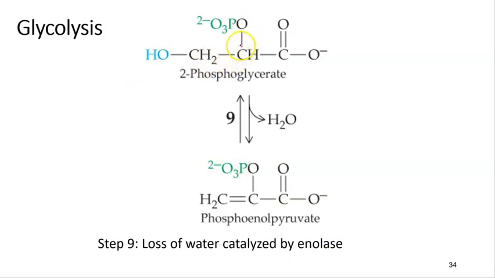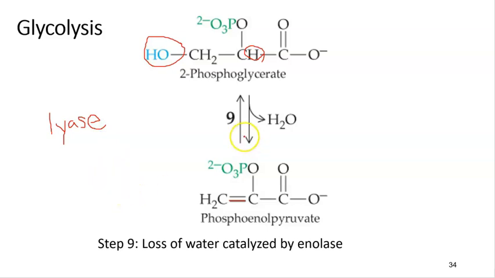And then you'll notice the next thing that's happening, we're going to eliminate a water compound. You'll notice that that hydrogen leaves and this hydroxide leaves, and then we're left with a double bond. So this is a lyase. Whenever we generate a double bond, we can think that there's probably a lyase involved, usually involving double bonds.